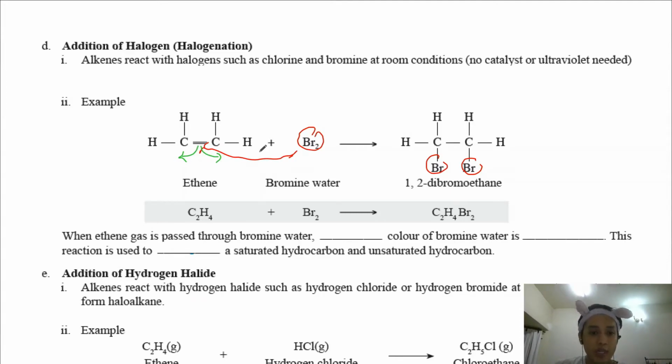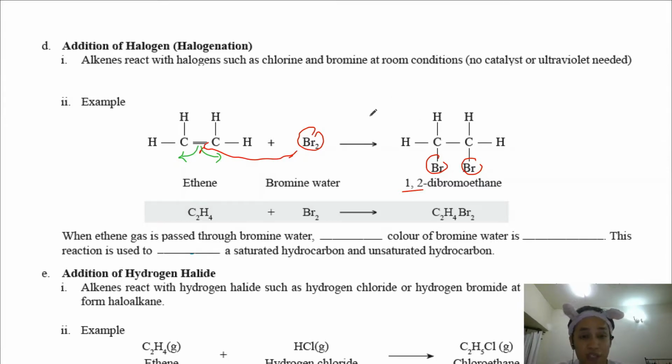Okay, so after the 2 bromines go in, right, you will see that the name will be different. Okay, so I'm going to introduce a little bit of the naming concept here. Okay, 1, 2, the number here is referring to the number of the carbon atoms, the position of the carbon atoms that the bromines are added in.